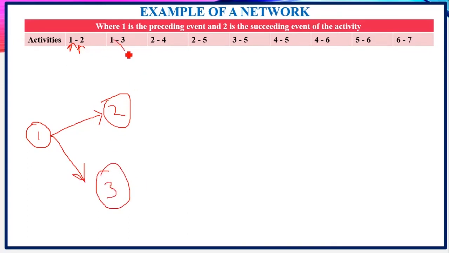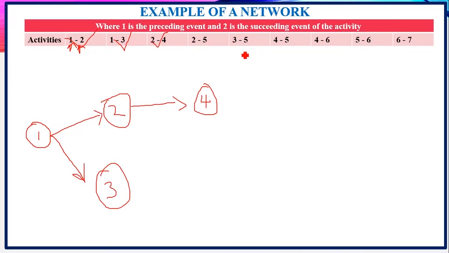Then you proceed. We are done with this and this. You go to the other one. 2 is connected to 4, so I can proceed like this. Then 2 is connected to 5. Then 3 is connected to 5.